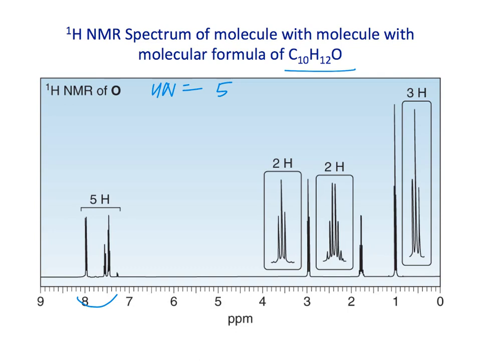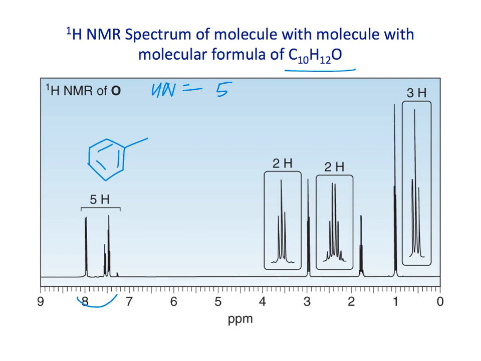And how many peaks? We have 5 of them. So that tells us that we have a benzene ring and it has 1 point of attachment, right? So there's 6 carbons, but there's only 5 hydrogens on it. So there's a phenyl group, because it has to be attached to something else.